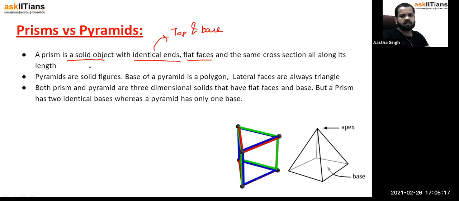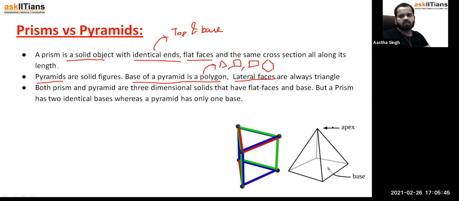The line is self-explanatory. Now comes the pyramid. A pyramid is a solid figure whose base is a polygon, which means it can be triangular, square, rectangular, hexagonal with six sides, pentagonal, any form.